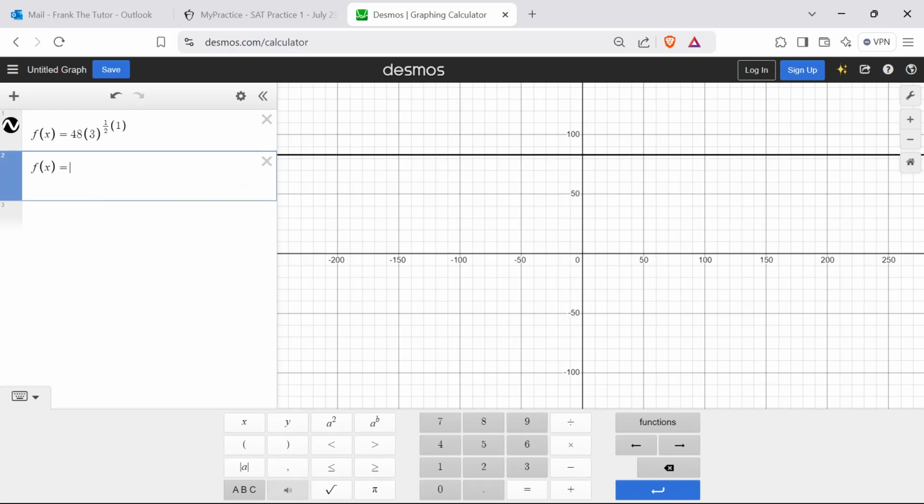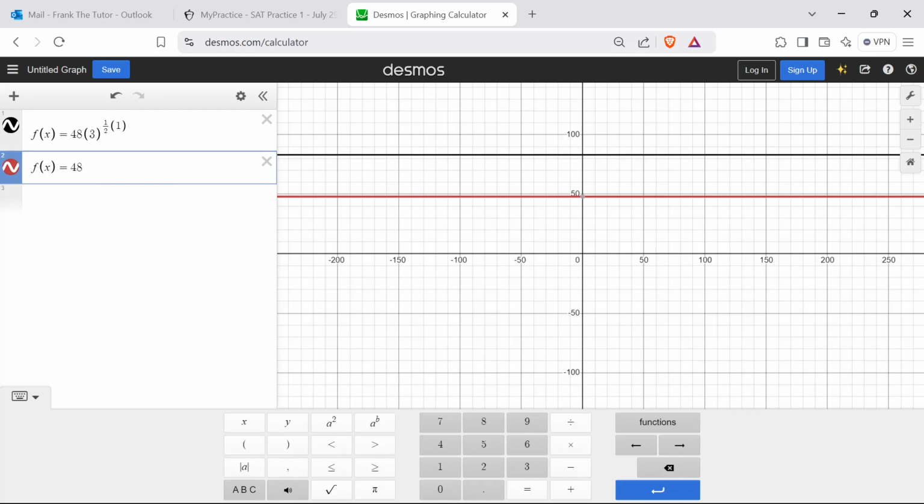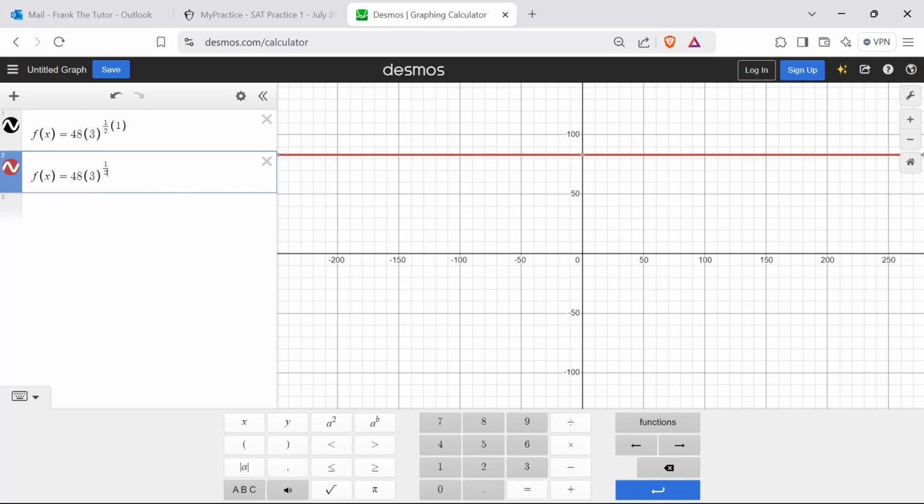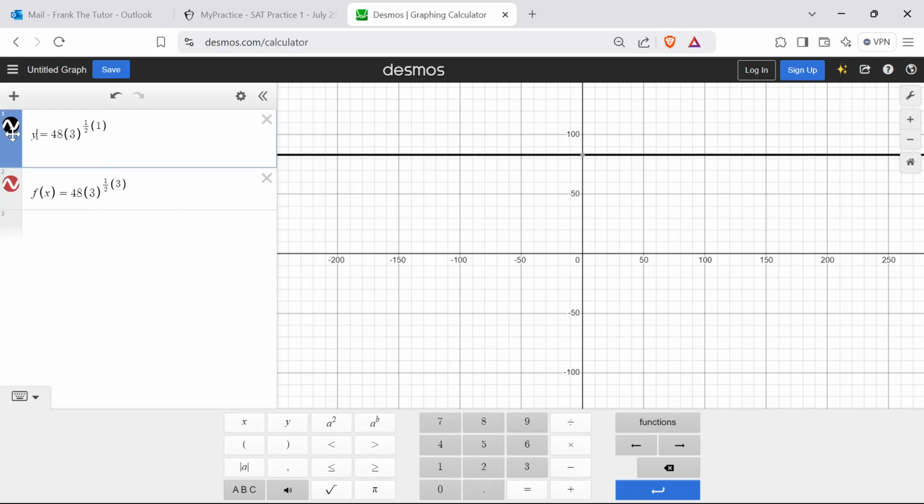I don't think I can do this with f of x every time. Well, maybe I can. 48 times 3 raised to the 1/2. And then I say I want to increase x by 2, so now x is 3. Yeah, I'm going to have to put y, because as soon as I put f of x in Desmos, it's going to count it as the same function.